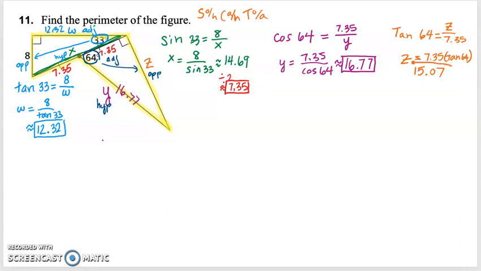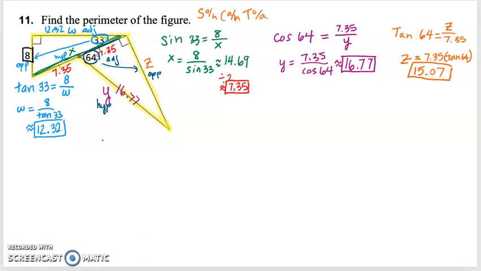Sweet, so we found so many things. Now we are almost done. All that's left to do is to just add them all up to find the perimeter of this. So remember that you don't want to forget about the 8 right here. That is one of the sides that needs to be included in this.